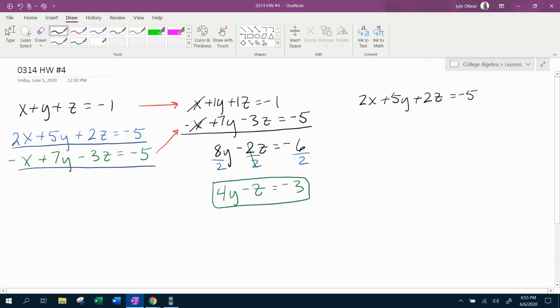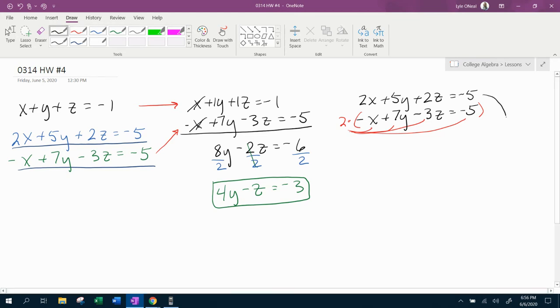And the bottom equation, -x plus 7y minus 3z equals -5. And notice if I distribute a 2 to the second equation, that'll make -2x, that when I add it to the plus 2x, those will cancel. So now I'm going to need to do the distributive property. All right, here we go.